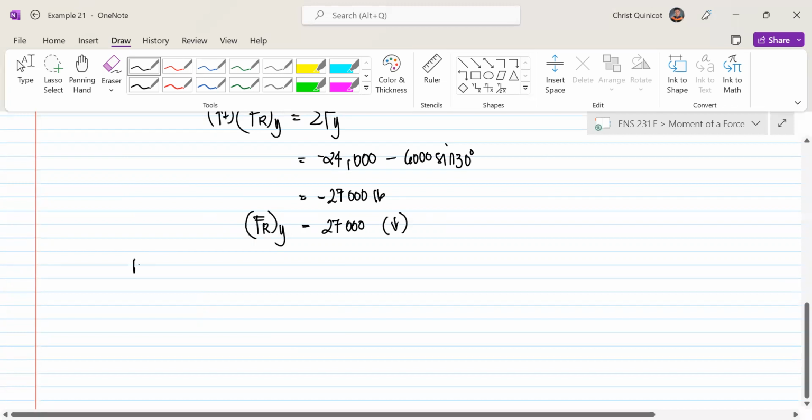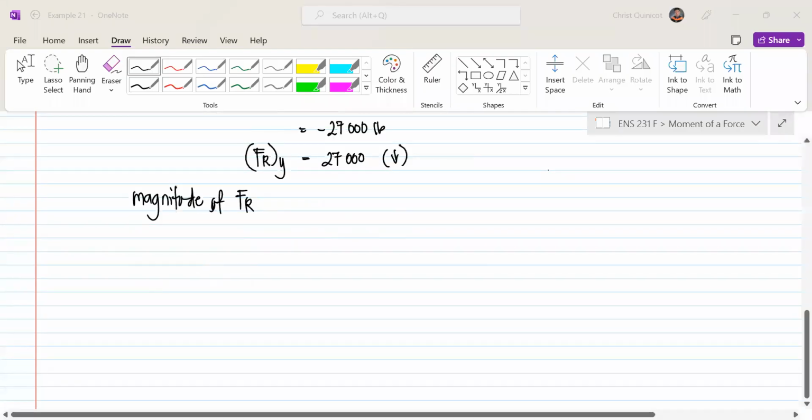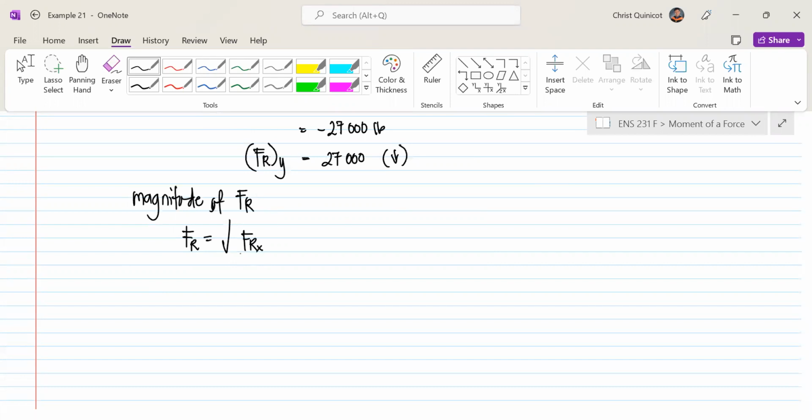Our magnitude of F sub R is equal to the square root of F sub Rx squared plus F sub Ry squared.